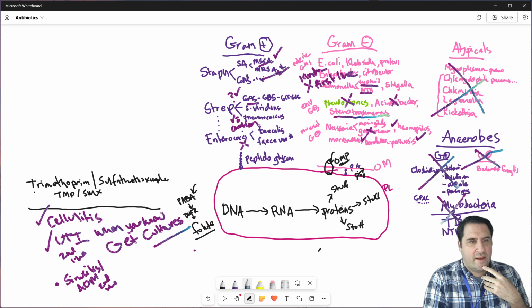Just realize that especially pneumococcus is going to have a decent amount of resistance. So you might not be 100% successful. So if it's something severe, or it's something where you're not going to have good follow-up, or you're really worried for some other reason, then you might need to reconsider or use something else. Okay, but it is an option for those.